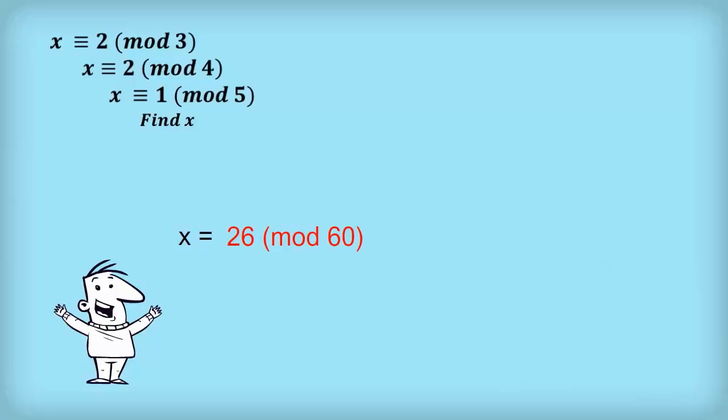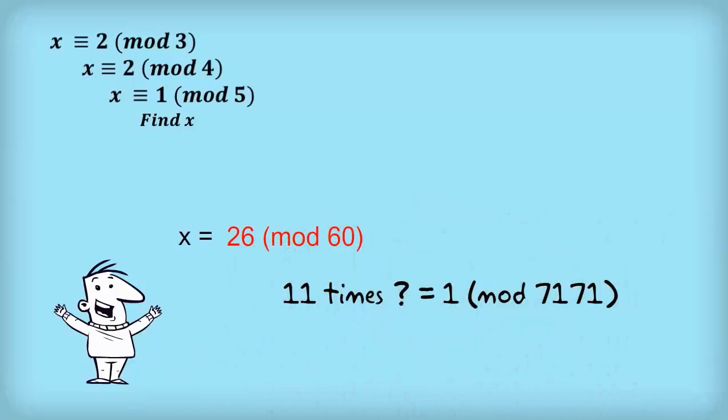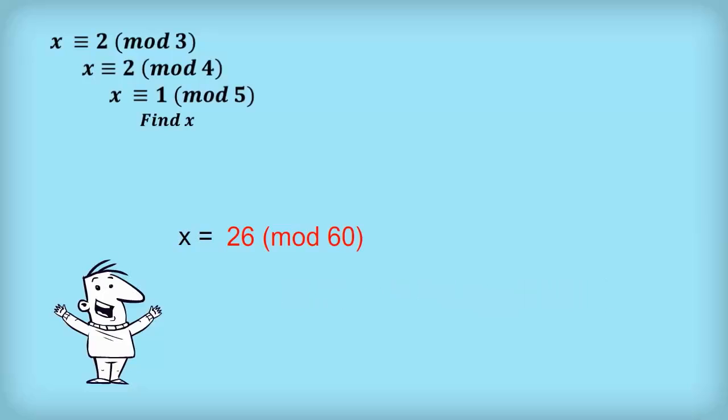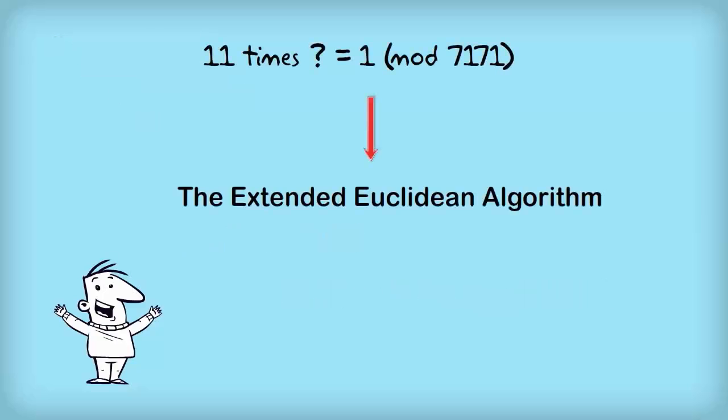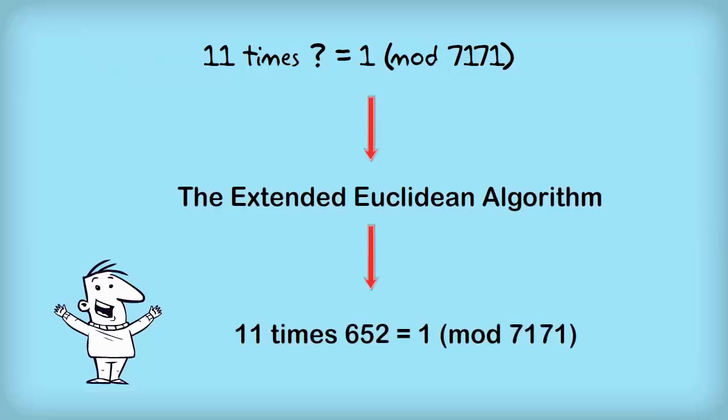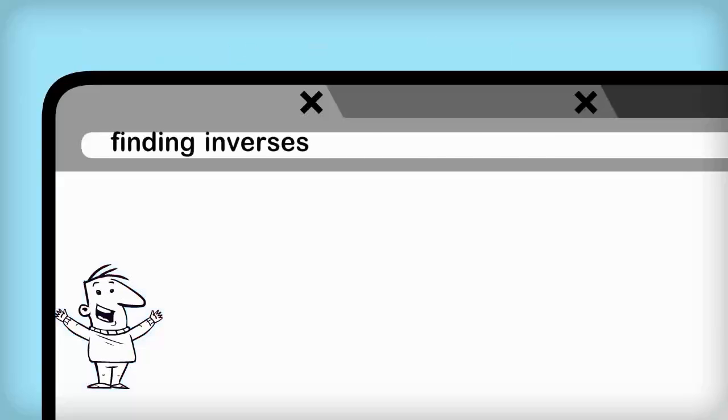If the numbers are large, this won't work. Recently I had to work out what to multiply 11 by to get 1 modulo 7,171. Here you need to use the extended Euclidean algorithm. I'll say that again, the extended Euclidean algorithm. At some stage I'll do a video on finding inverses in modular arithmetic, but in the meantime you can search for it on the web.